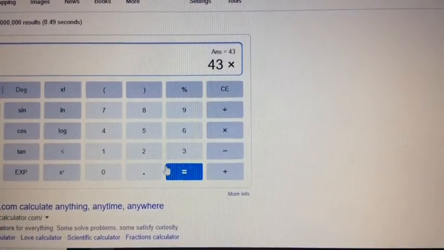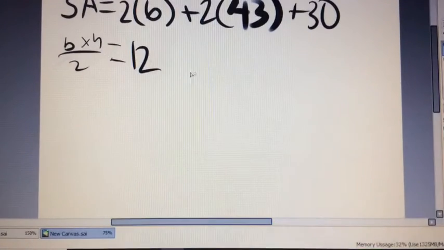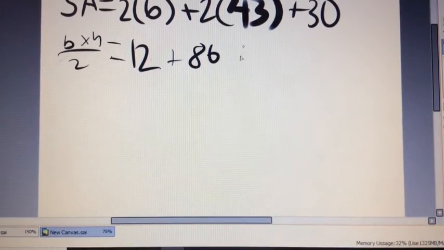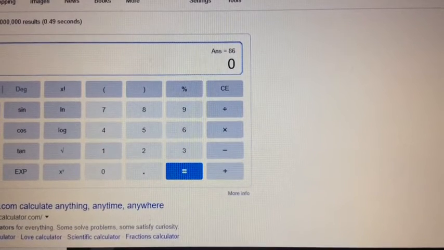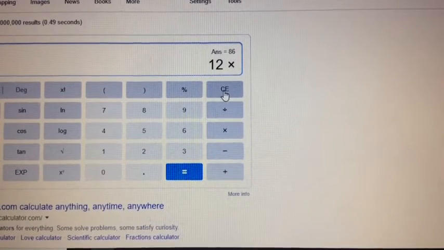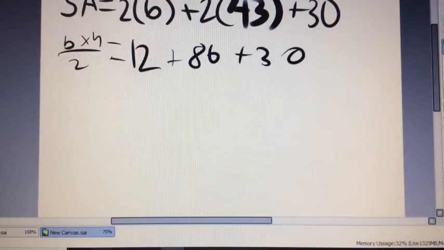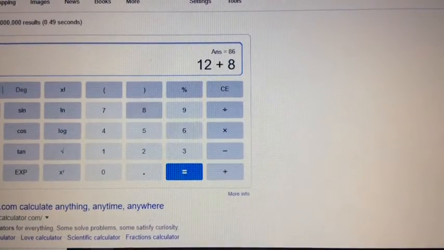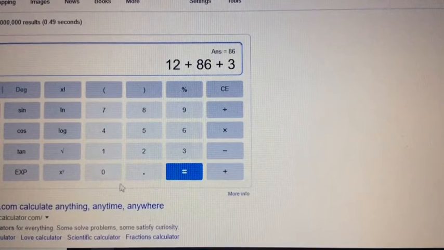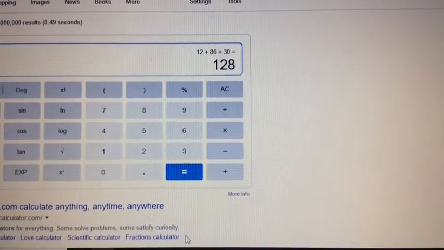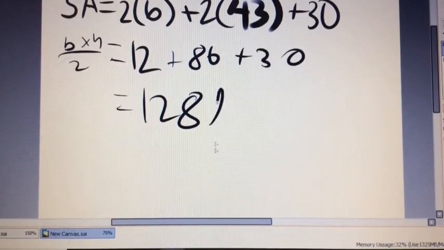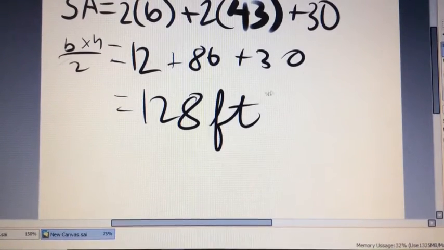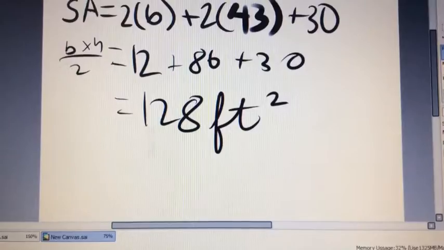Now we'll just have to add those up. 12 plus 86 plus 30 equals 128. And there you go. You have surface area.